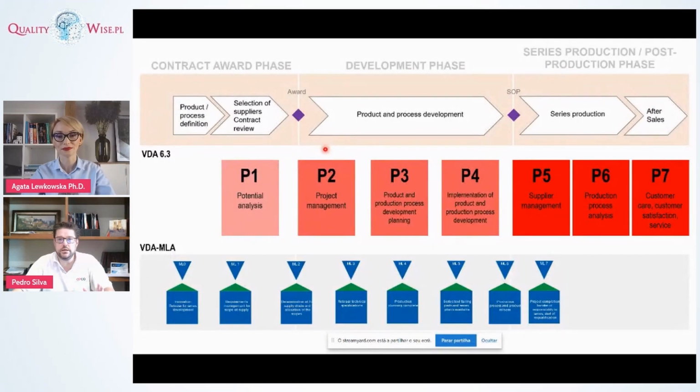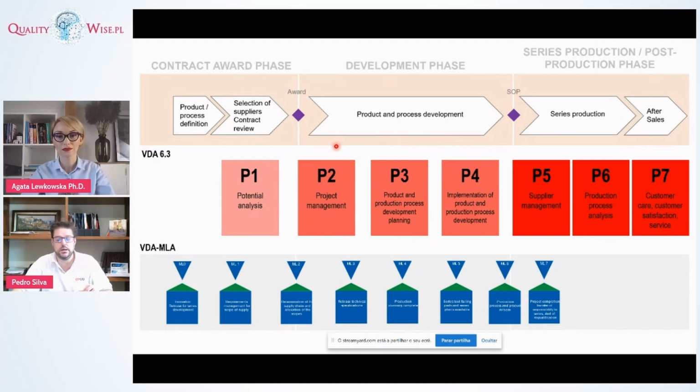One can say that, okay, from P2, the project management, or P3, the early stages of product and process development, to P4, the later stages of product and process development that will lead us to the SOP, that is relatively similar to IATF 8.1, 8.2, 8.3.